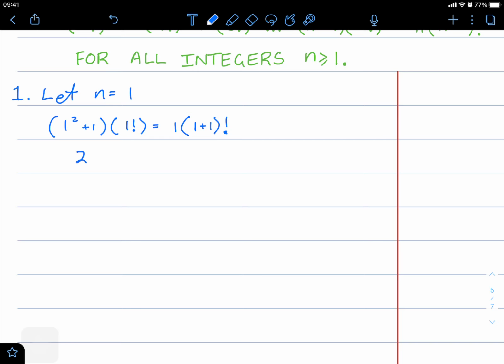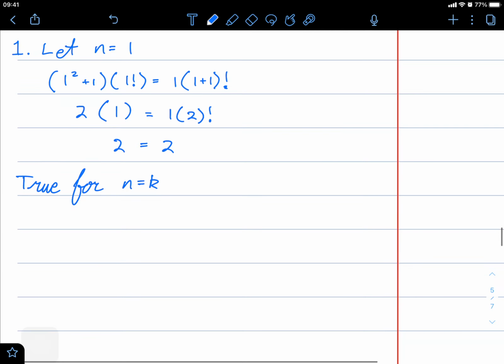This becomes 2 times 1 factorial, which is 1. This becomes 1 times 2 all factorial. That just becomes 2 equals 2. So it's true for n is equal to 1 since left hand side equals right hand side. I'm just going to leave it at that.